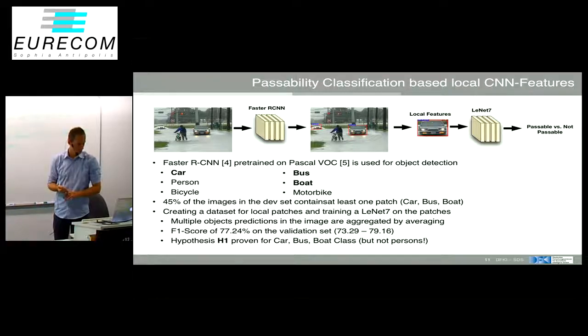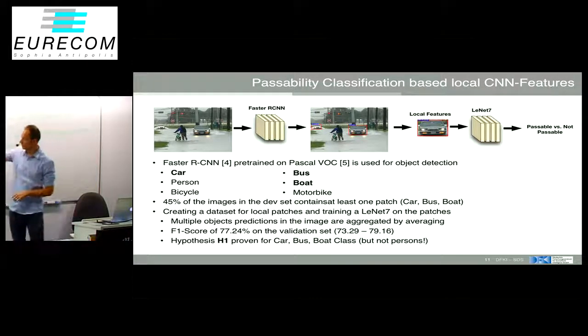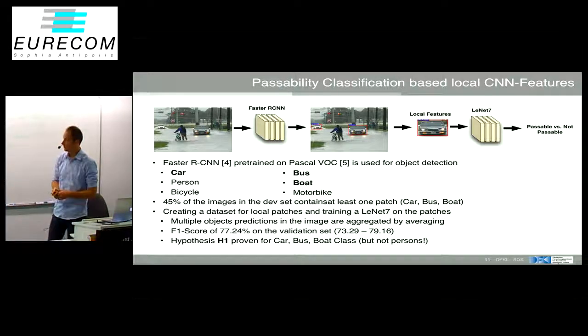What we figured out is that for person, it didn't work out that well. We didn't get any significant results, because there are quite many different variations in how persons appear in the image. In this case it's very simple because you see the whole person, but sometimes you see a person who is in a car and you just see the upper part.